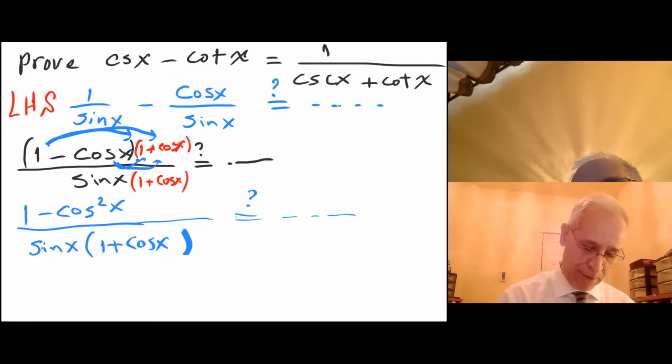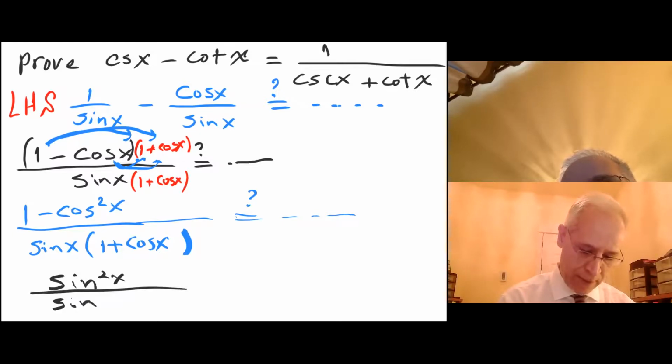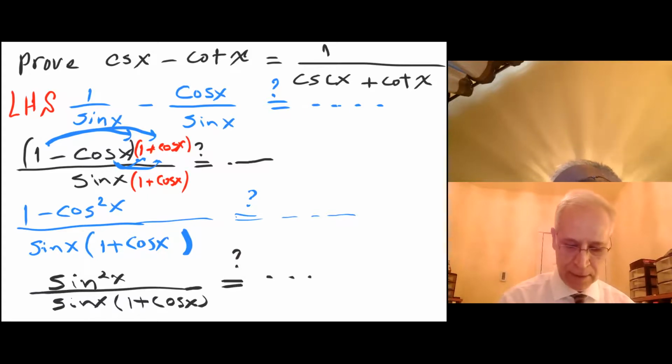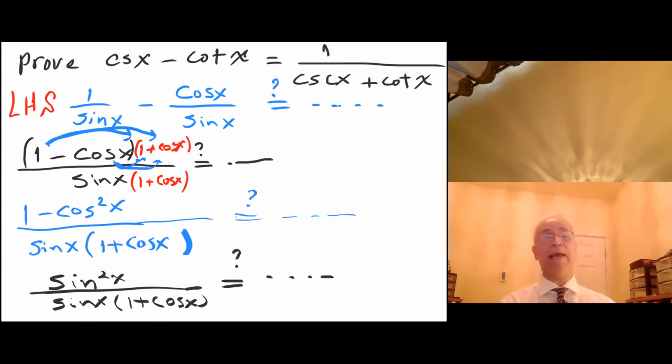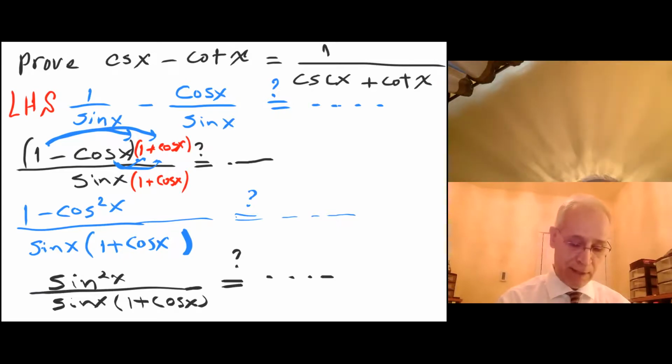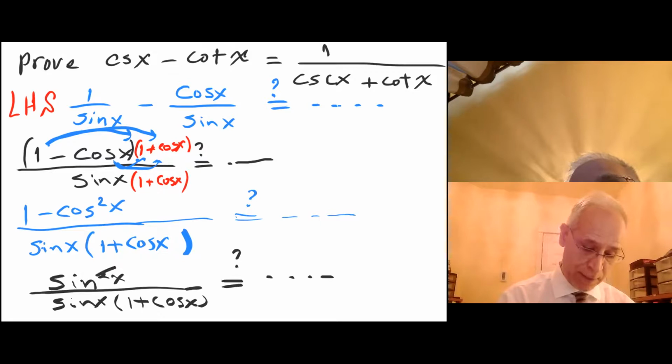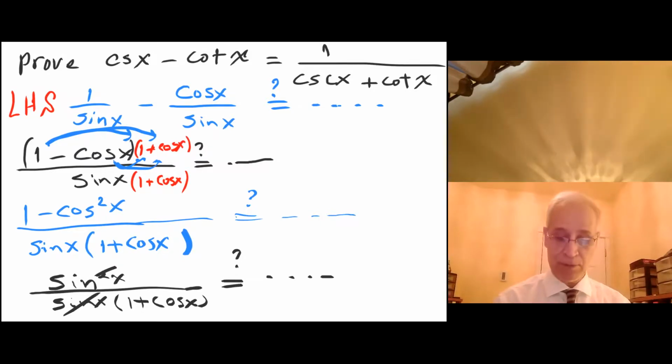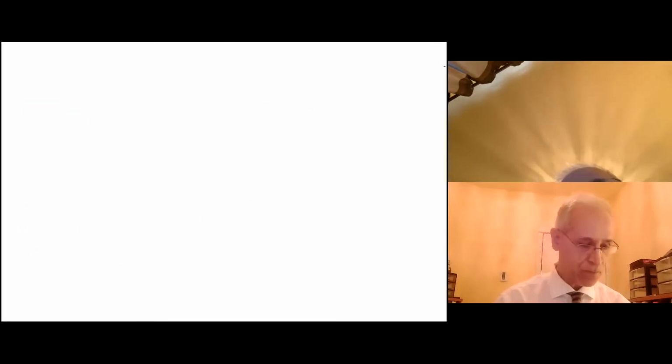So here I have sine squared of x over sine of x, 1 plus cosine of x. Does that equal the right-hand side? And the only thing jumping at me is that I can cancel sine of x from the top and this one in the denominator. Let me go to the next page.